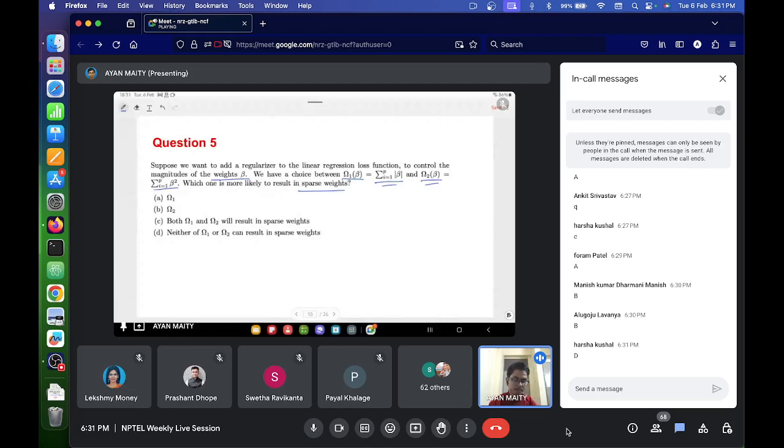Lavanya is saying option B. Harsha Kushal is saying option D. Shubha Marora is saying option B.